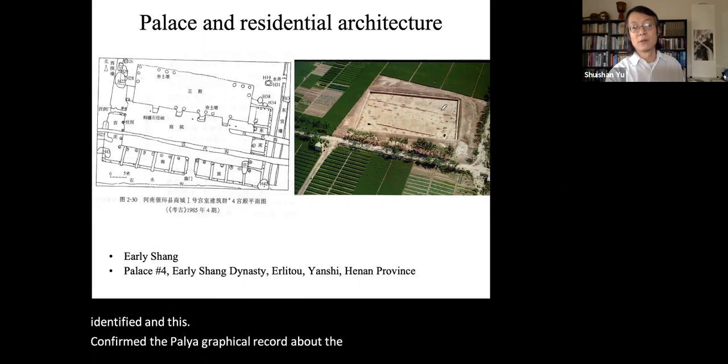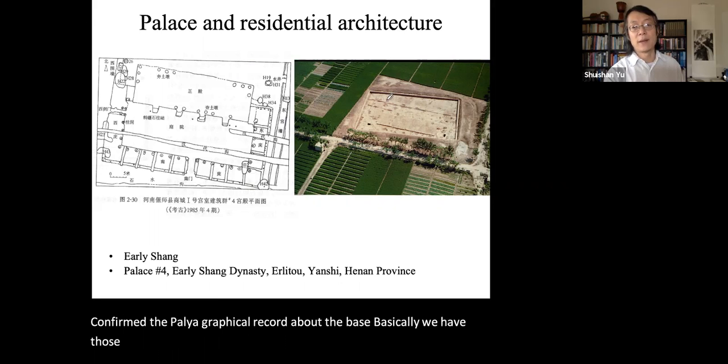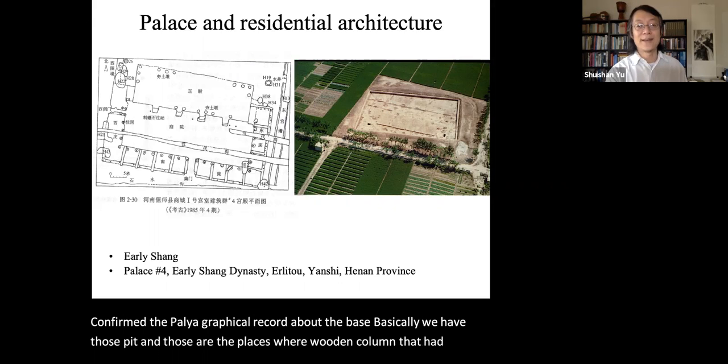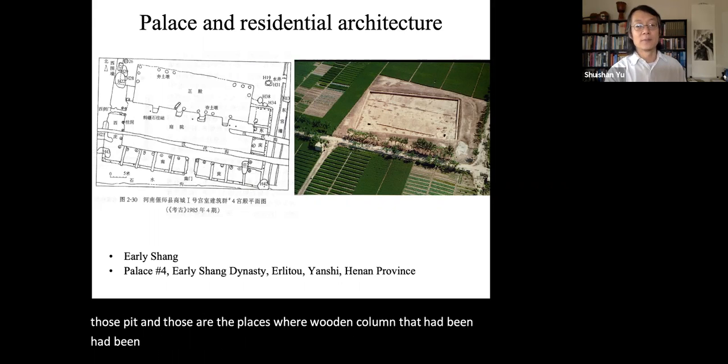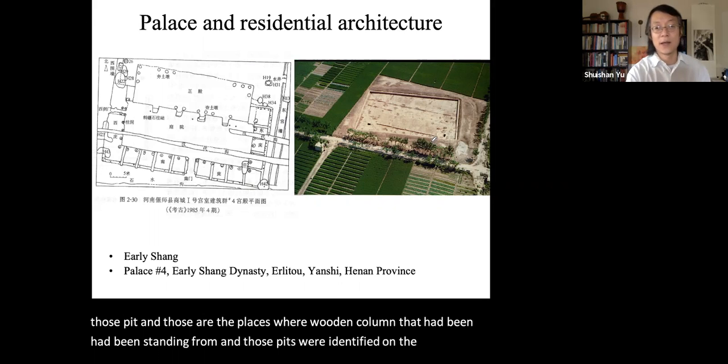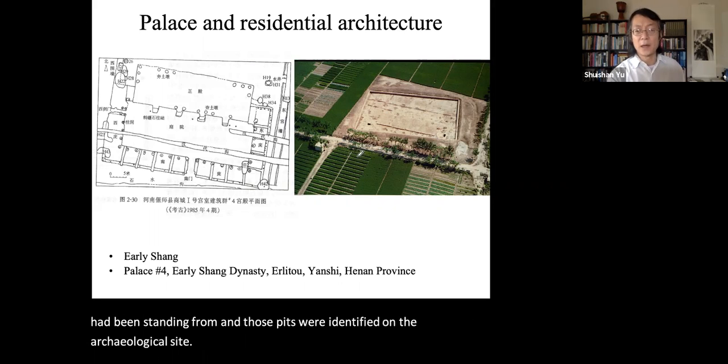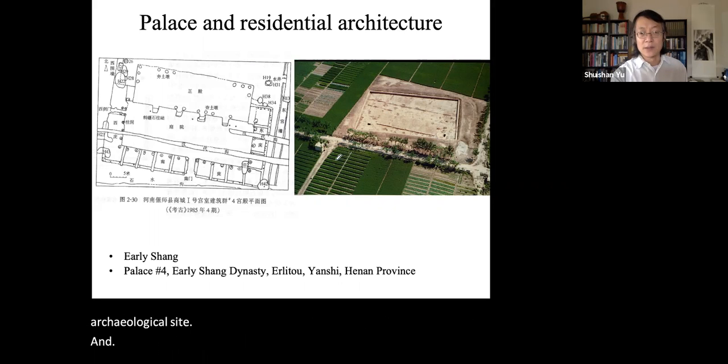Basically, we have those pits, and those are the places where wooden columns had been standing, and those pits were identified on the archaeological site. And this also gives you a sense of where those archaeological sites are located.